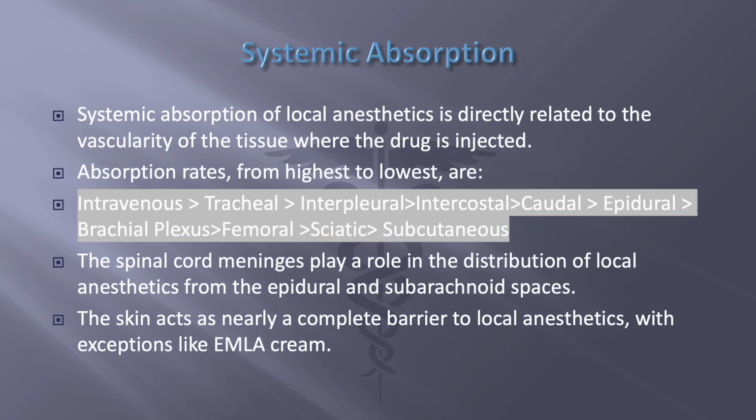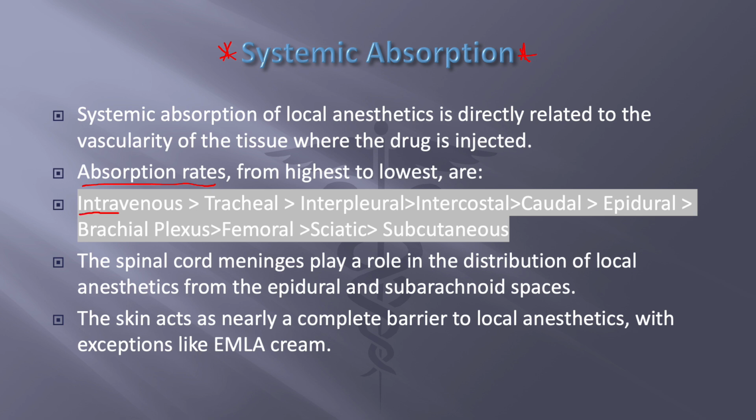When we start thinking about systemic absorption and blood flow, it's important to know where our absorption rates are. In other words, what areas of our body have the highest amount of blood flow that we commonly inject? Of course, we know that our brain has a very high blood flow, but I don't think any of us are planning on injecting any sort of local anesthetic into patients' brains, right?